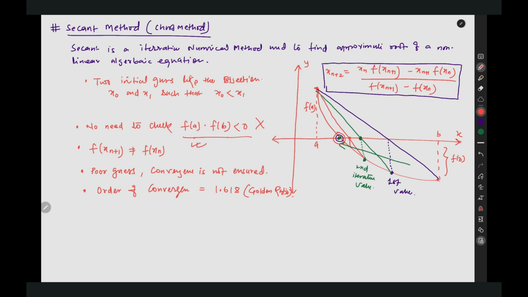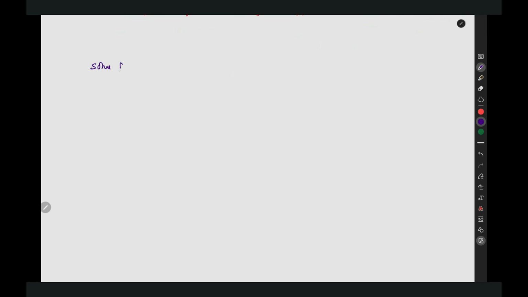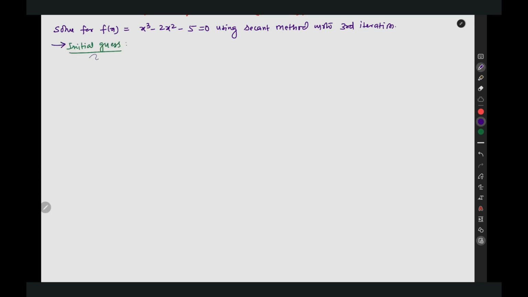Now we will understand this method with the help of an example. Solve for f of x equal to x cube minus 2x square minus 5 equal to 0 using the secant method up to the third iteration. First of all, we will calculate the initial guess. We will check at 0. So f of 0 is 0 cube minus 2 into 0 square minus 5, so it will be minus 5.